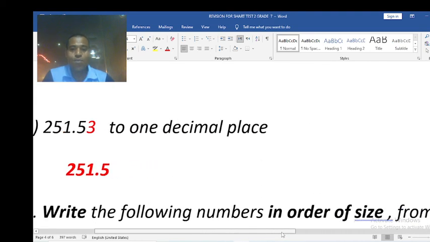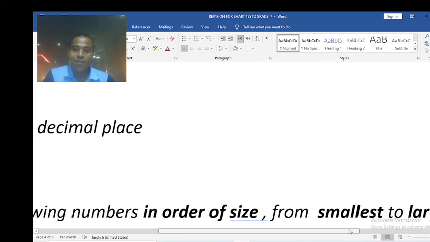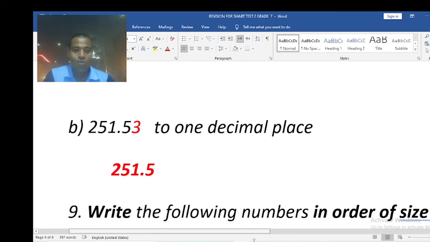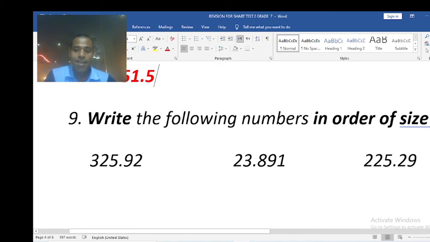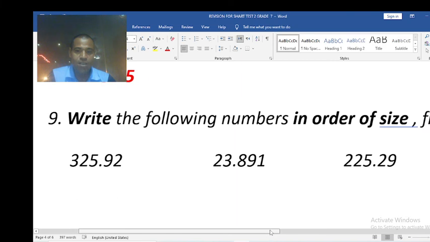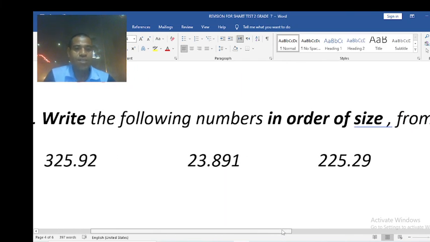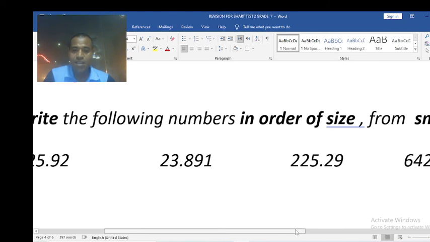Write the following numbers in order of size from smallest to largest. Okay, here we have a set of numbers. We are looking for you to put them into order of size. This is 325.92. This is 23.891.